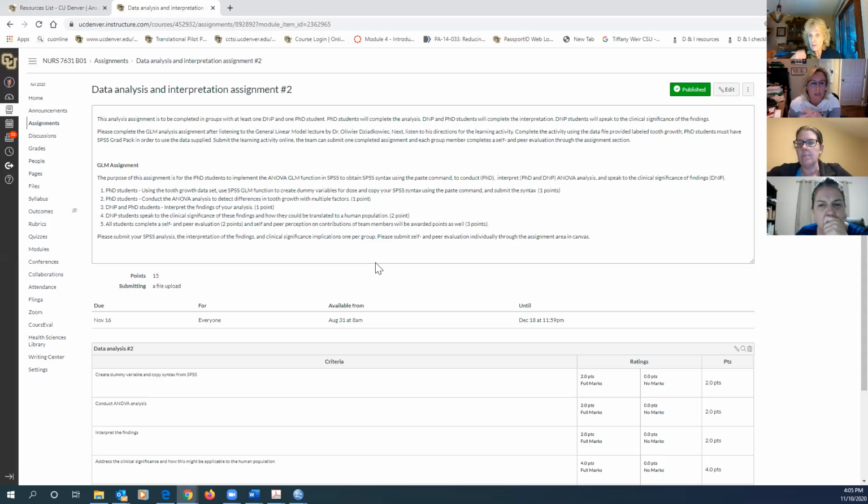So we need to use the recoded leveled variables versus letting SPSS do it automatically? You need to copy the code for question number 1, and for number 2, you can do it either way, as long as you come up with the right answer to what are the differences in tooth growth with those multiple factors.